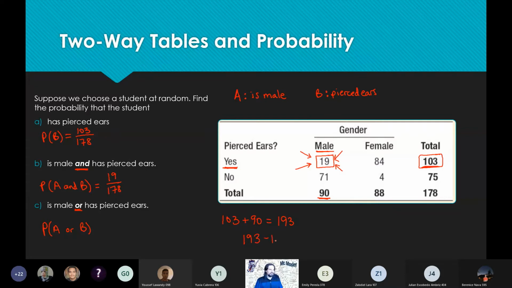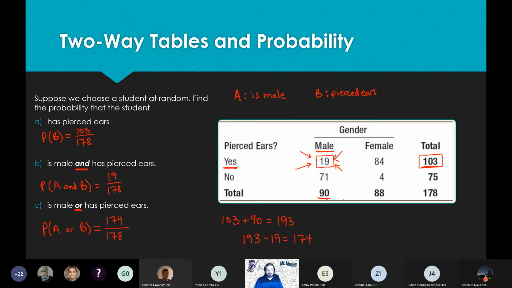We'll say 193 minus 19. And that gives us 174, which makes more sense. It's less than our total. It is possible. So we have 174 out of 178.